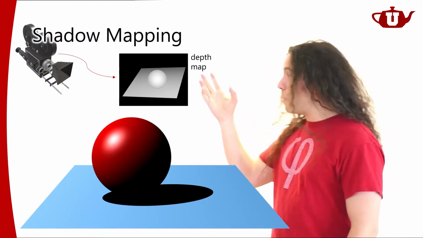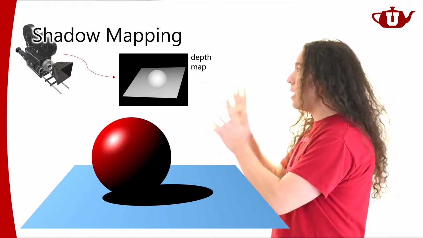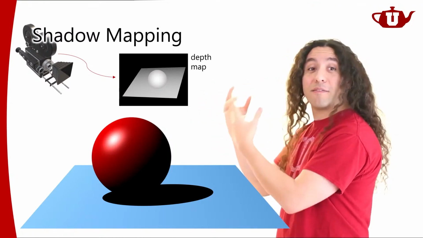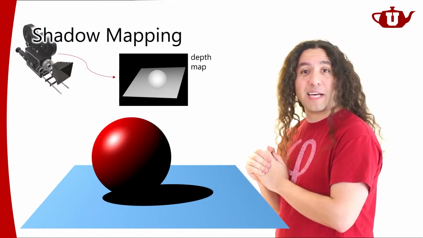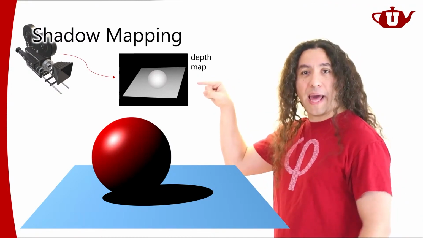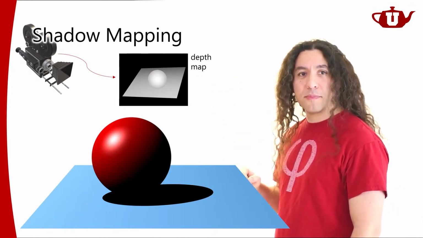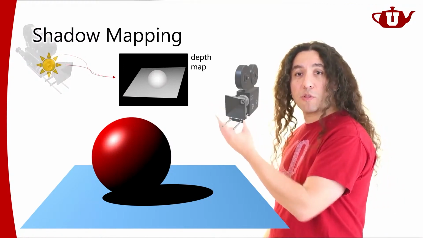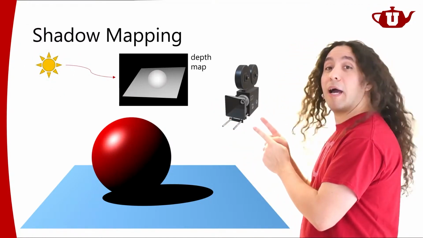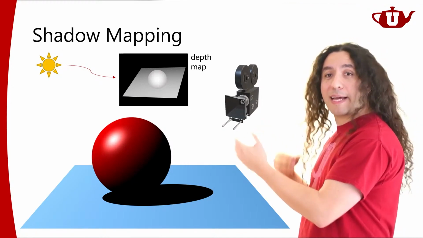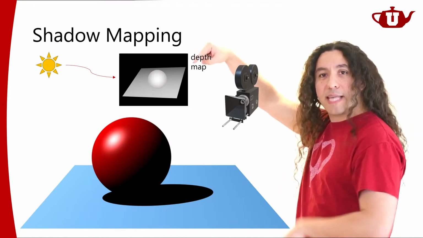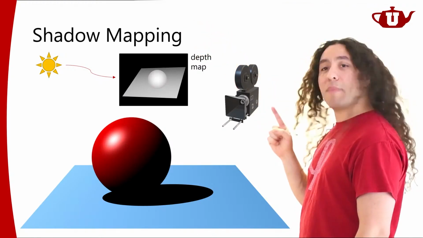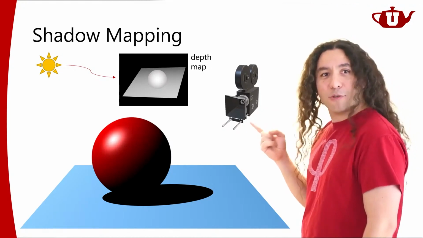So shadow mapping starts with rendering a depth map, or what we call a shadow map, from the view of each light source. Each light source will have its own shadow map. Then I'm going to use that shadow map to compute my shadows when I'm finally rendering from my camera view. So it's like a two-pass algorithm. I first generate this depth map by rendering an image from the light's perspective, and then I render my main image, the one that I actually want to render.